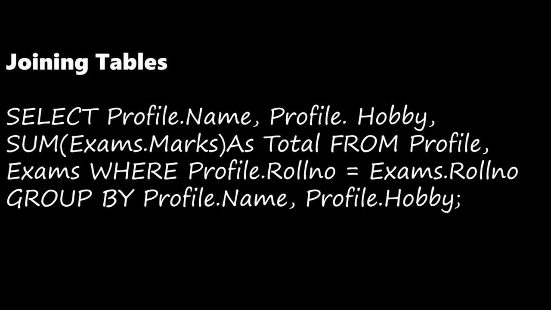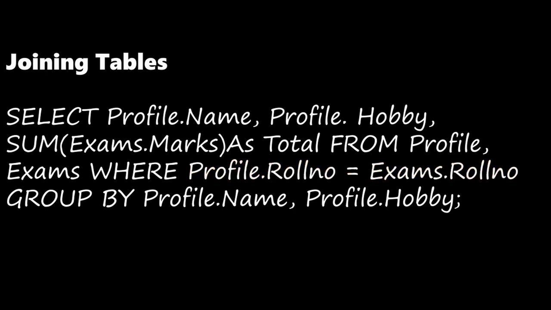For that, we are giving profile.name, profile.hobby, and sum in the bracket exam.marks as total from profile and exam. We are giving two tables, right? One is profile and another one is exam. So from profile, exam, where profile.roll_number is equal to exam.roll_number. That means the roll number column in the profile table and the roll number column in the exam table are equal.